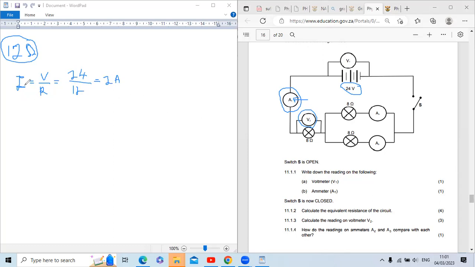So this is the current passing through A1. And now, since we have the current passing through A1, we just take this current and multiply it by this resistance to find the voltage, because we know that from Ohm's law, V is equal to IR.